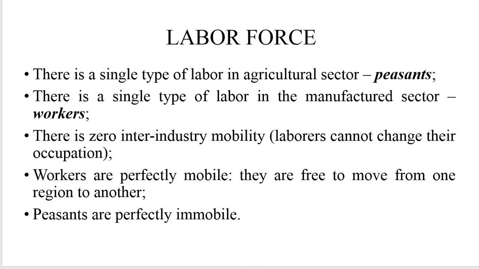We assume zero inter-industry mobility, which means that laborers cannot change their occupation, and we assume that workers are perfectly mobile. So basically laborers employed in manufactured sector are free to move from one region to another. At the same time, we assume that peasants are perfectly immobile. They cannot change the region.